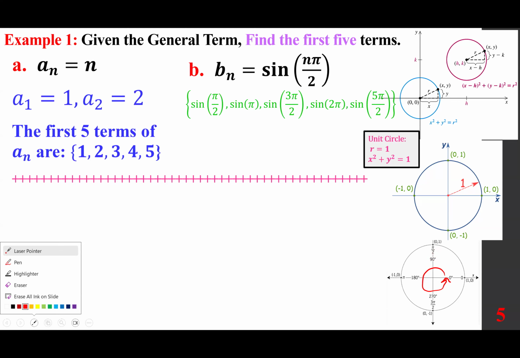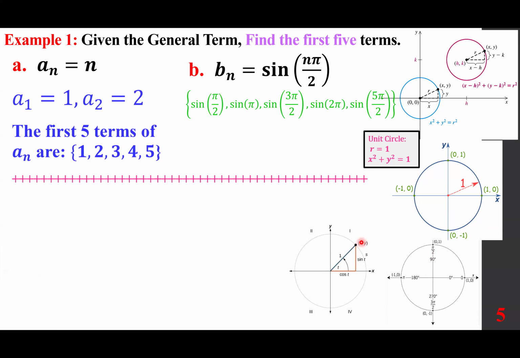Now, what we want to add is the following. Every point has 2 coordinates, x comma y. So every point on a unit circle, x comma y, if you look at this triangle making this angle, or arc t: sine is the opposite over the hypotenuse, cosine is the adjacent over the hypotenuse, and the hypotenuse, the radius, is equal to 1.